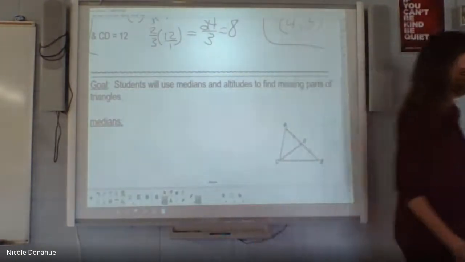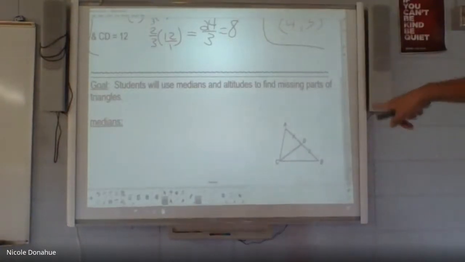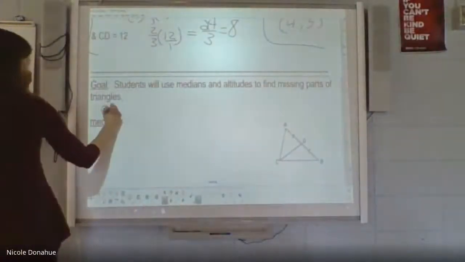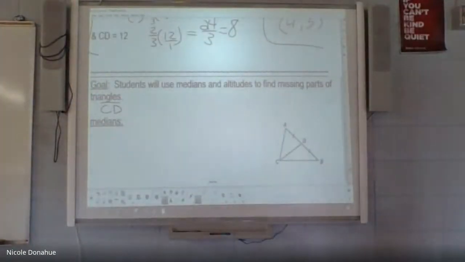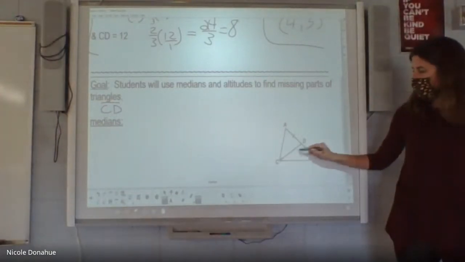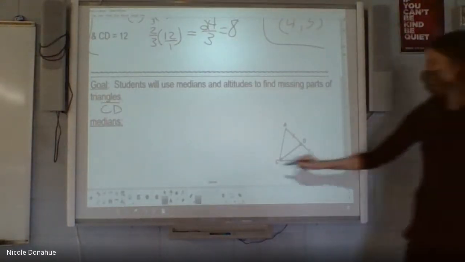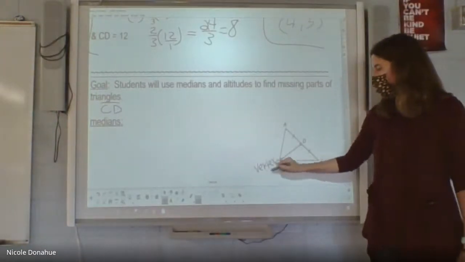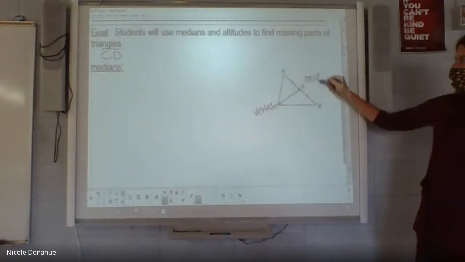So median is another type of line. Now, don't get this confused with mid-segment. We talked about mid-segment earlier in the chapter. Now we're going to talk about median. And in this case, this median is CD. What the median does is it connects a vertex, this is the vertex of the triangle, like a corner of the triangle, to the midpoint of the opposite side.